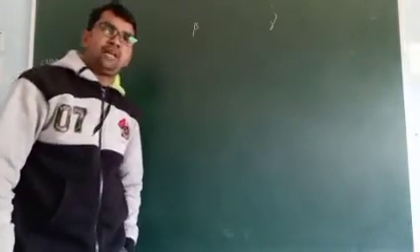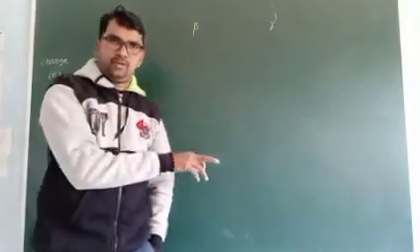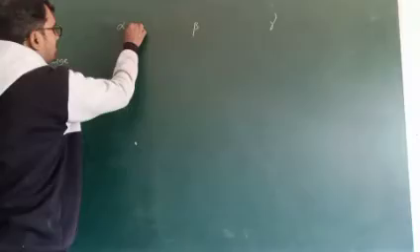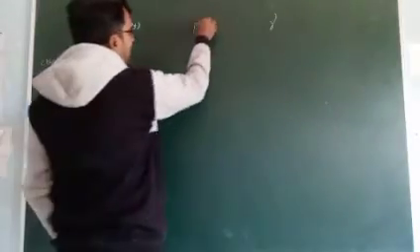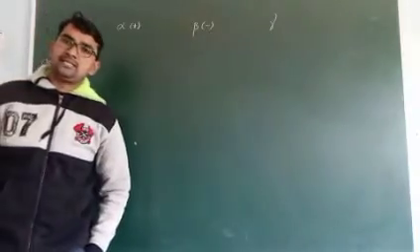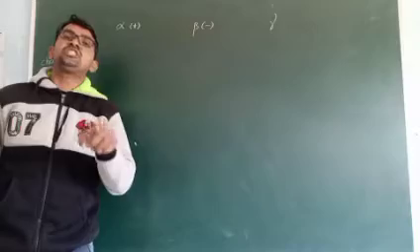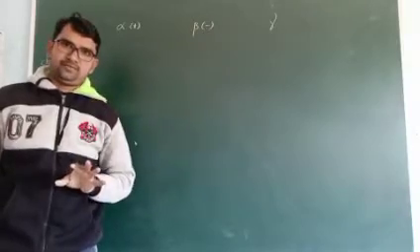Sir, the fundamental particles are electron, proton, neutron. We know that alpha particles are positively charged and beta particles are negatively charged. In the fundamental particles, electron, proton, neutron, the proton is the positively charged particle.